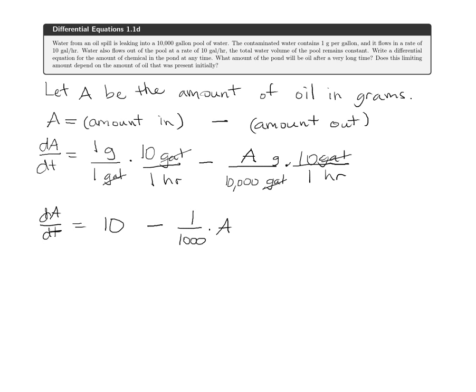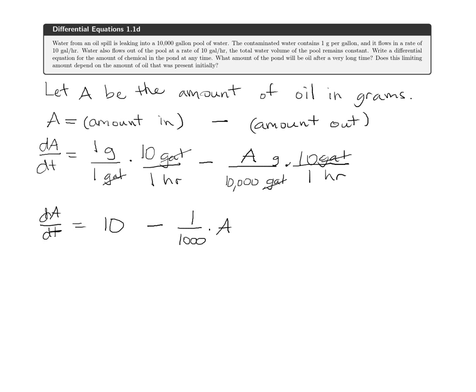We need to learn how to solve differential equations like this. It's not terribly difficult, but for now we're just trying to set it up. Now, the next question was, what amount of the pond will be oil after a very long time? So how much oil will there be in the pond eventually? Well, is there some equilibrium value?